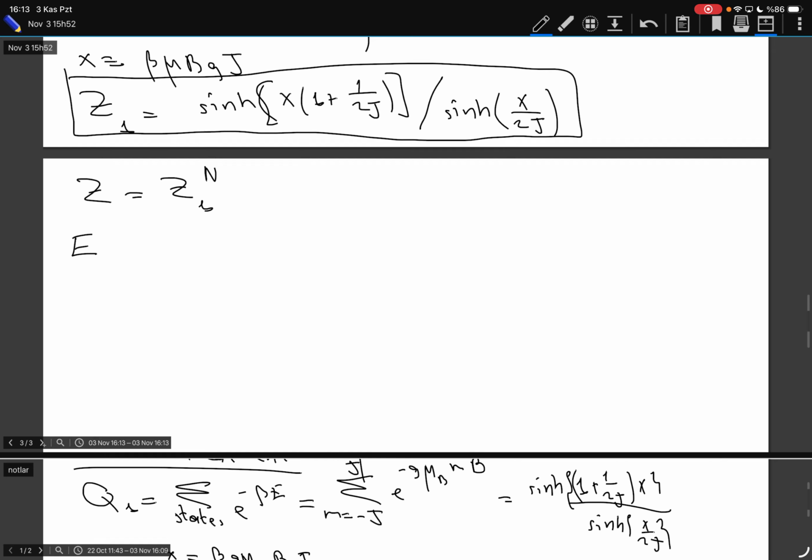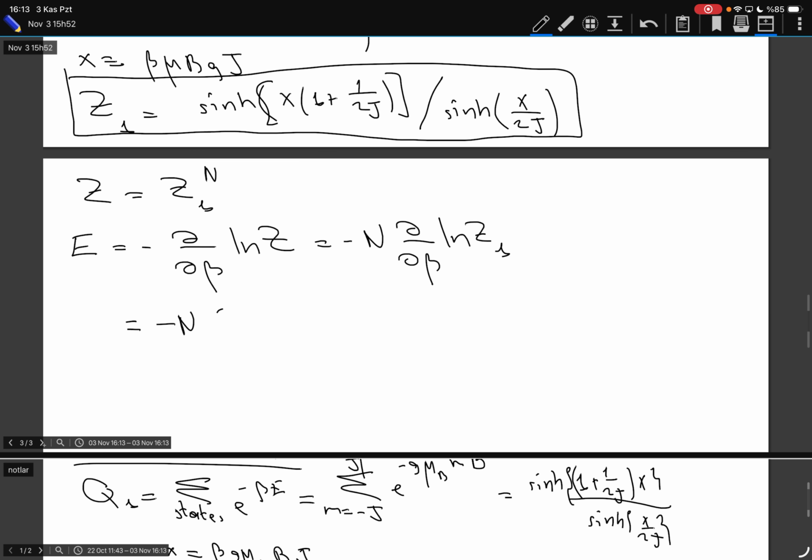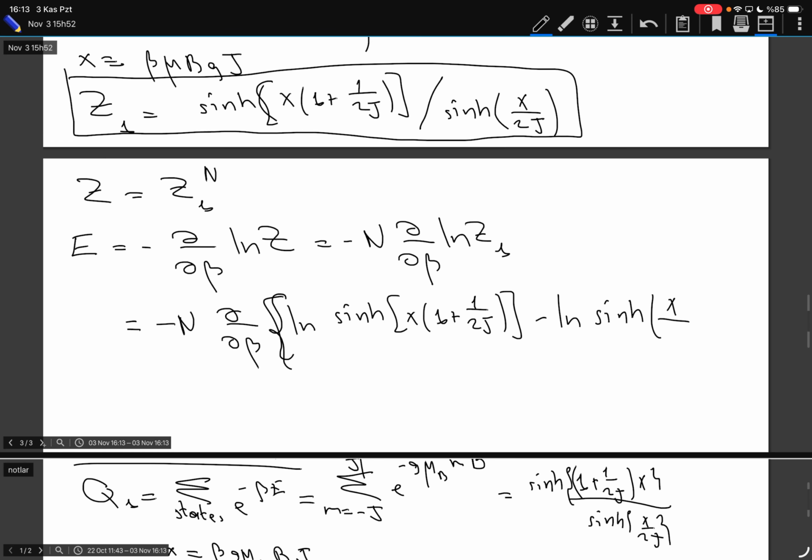The energy of n dipoles was minus the derivative with respect to beta of the logarithm of Z, which is minus n times the derivative with respect to beta of the logarithm of Z1, which is minus n times the derivative with respect to beta of the logarithm of sinh of x times (1 plus 1 over 2j), minus the logarithm of sinh of x over 2j.